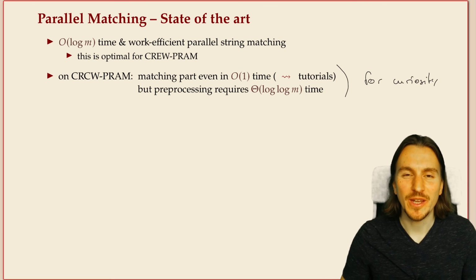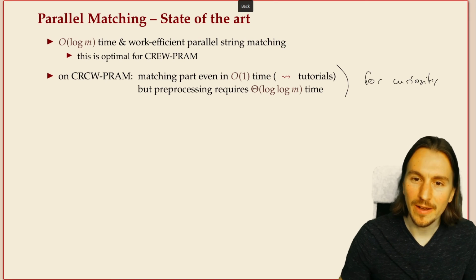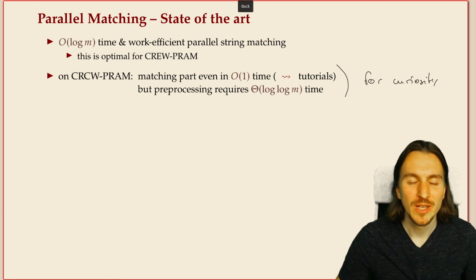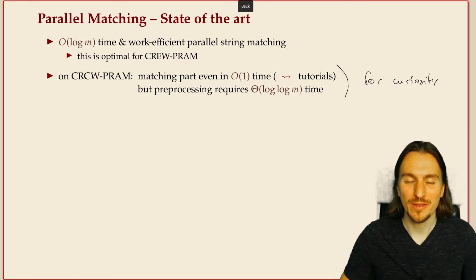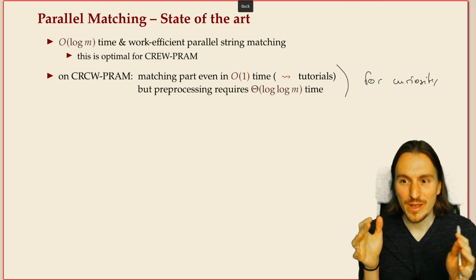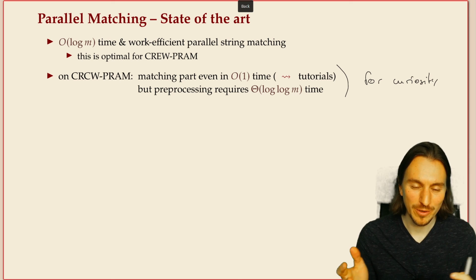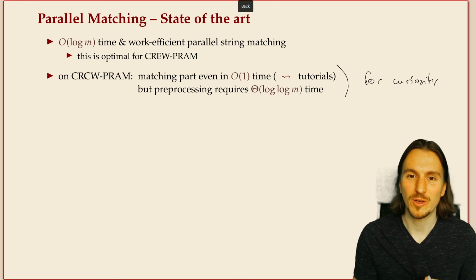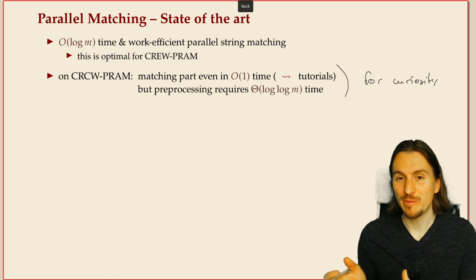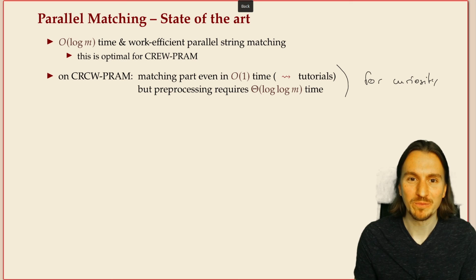That brings me to the end of Unit 5 on parallel string matching. We've seen that this notion of periodicity helps us to break things into two parts. We had essentially two different algorithms, one for periodic patterns that I didn't talk about in detail, and one for aperiodic patterns, where we did how to parallelize things apart from the pre-processing.